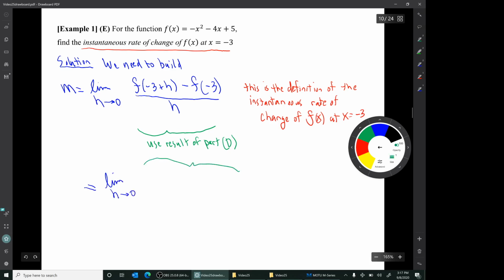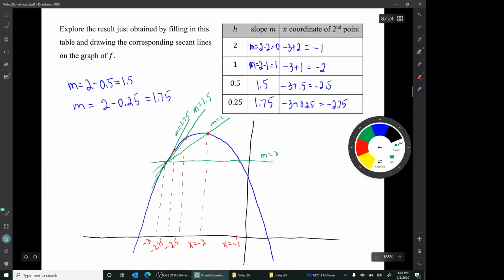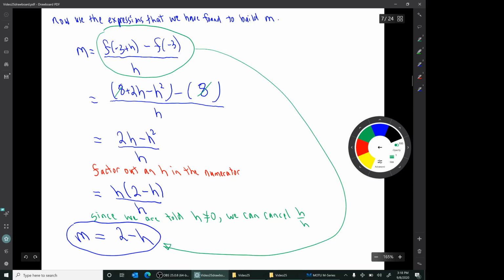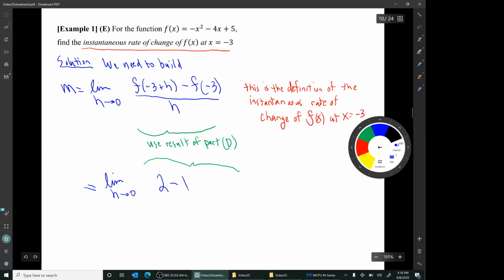Now let's go up and see what that result was again. That expression, f of -3 plus h minus f of -3 over h, after we simplified, turned out to be just 2 minus h. Okay, now we have a limit. This is a polynomial function with variable h, not x.